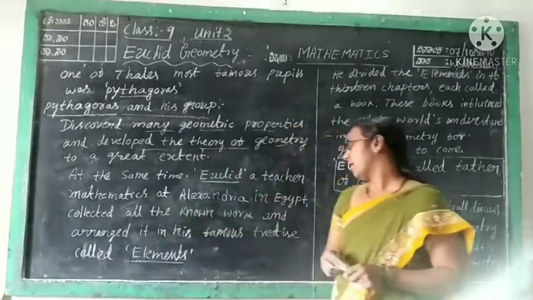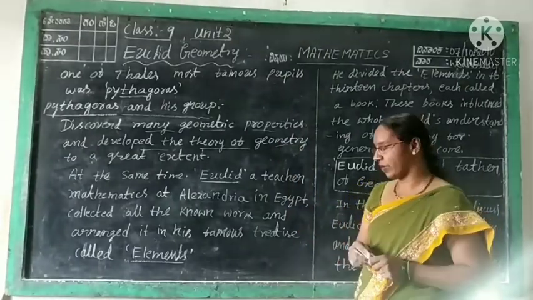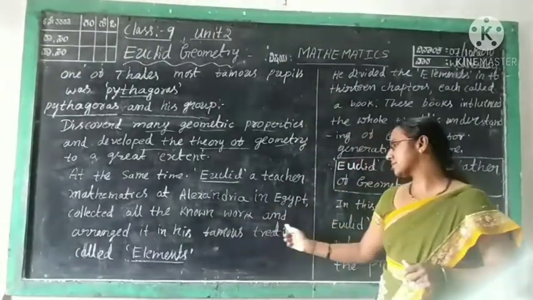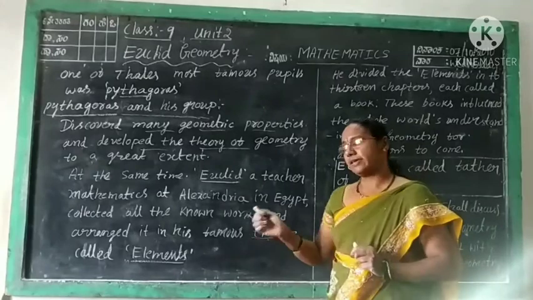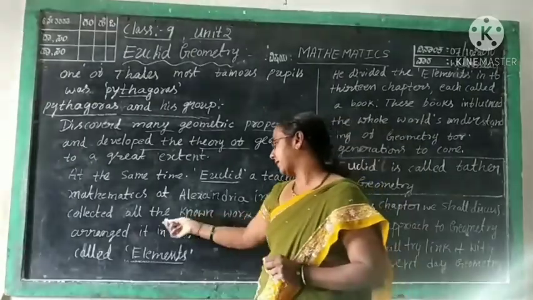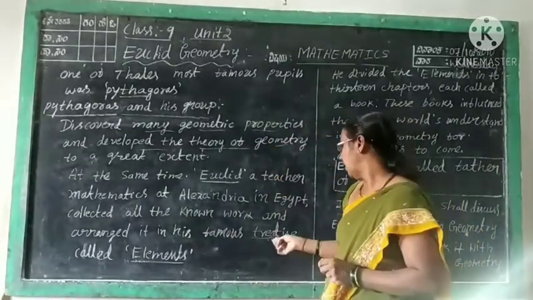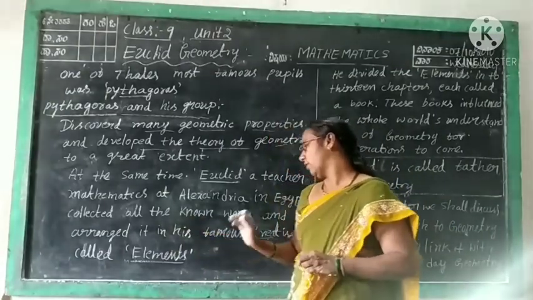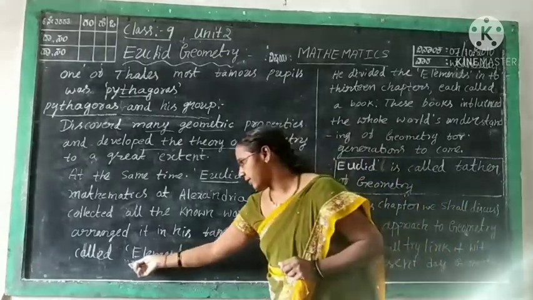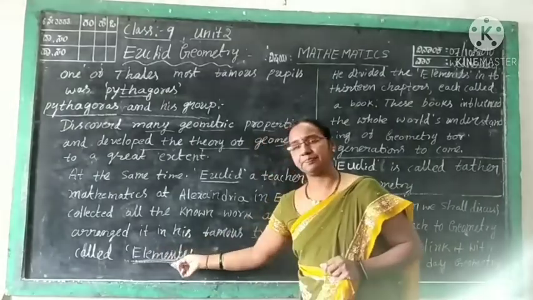He collected all the known work of ancient mathematicians and arranged it in a famous treatise called Elements.